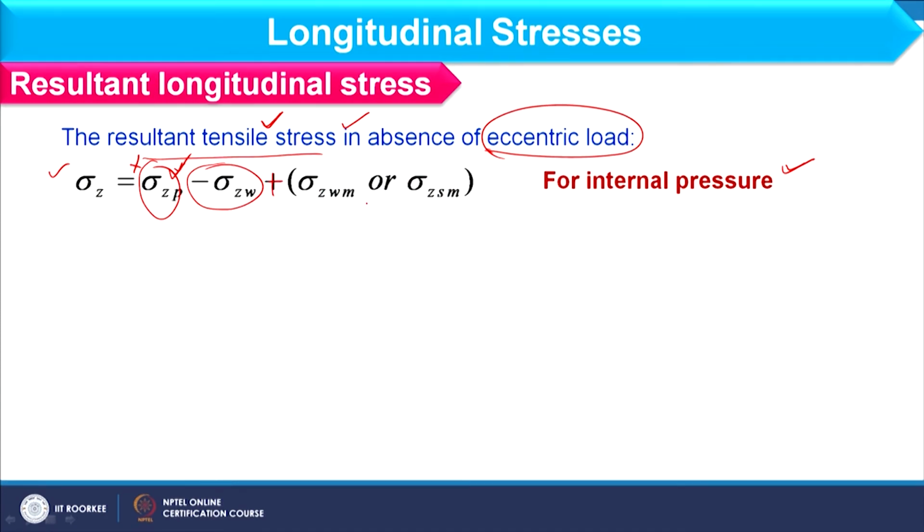And then we can add sigma zwm and sigma zsm, that is due to wind and due to seismic. So, if you consider the previous slide, we have discussed that we consider either of these two, because addition of these two will over design the system. Okay.